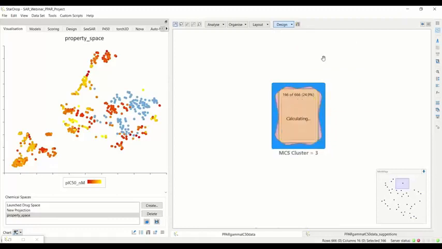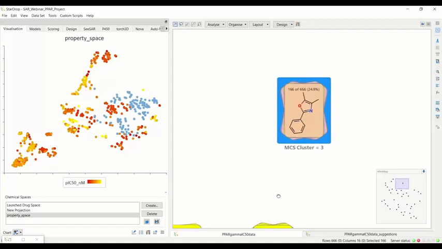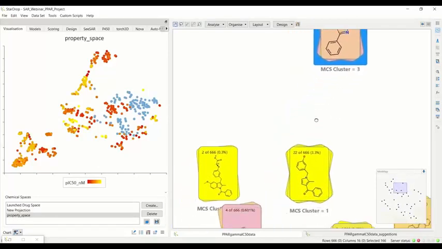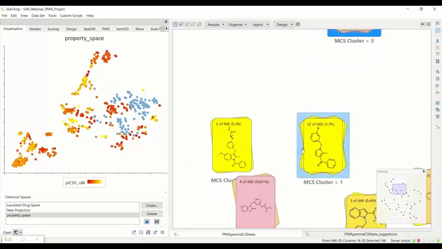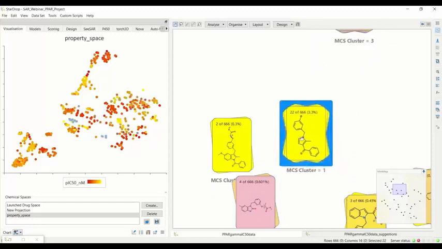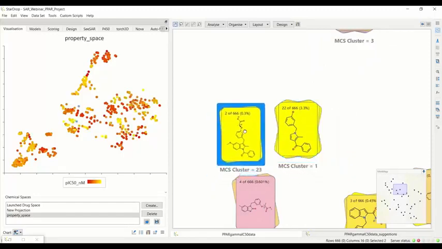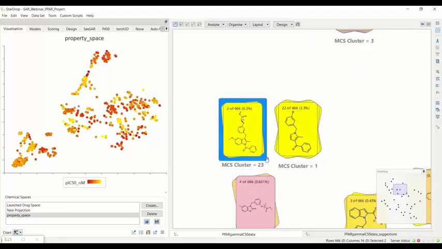For the moment, I'm just going to go back to the structure, and now you can see that it's calculated that common substructure of just what I wanted, the phenyloxazole. And if I just go down to a little interesting comparison here, obviously the yellow cards are of interest to us because these are the highly active compounds.